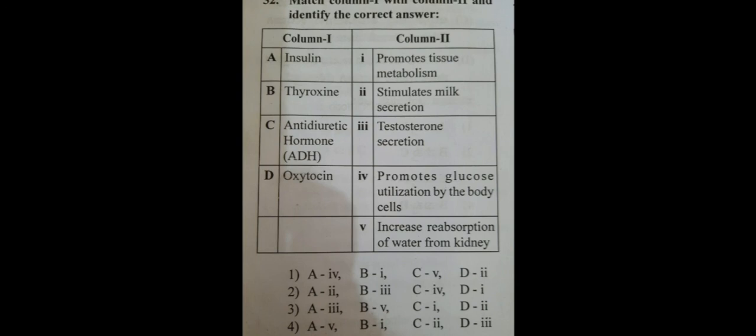Thyroxine promotes tissue metabolism. ADH increases reabsorption of water from the kidney. Oxytocin stimulates milk secretion. So first option is the right answer.